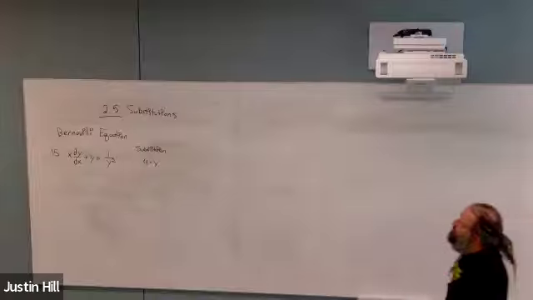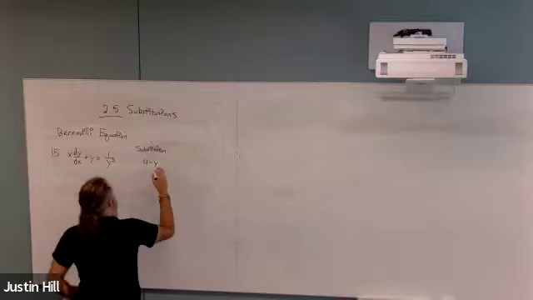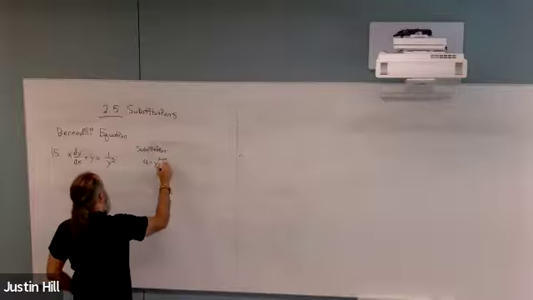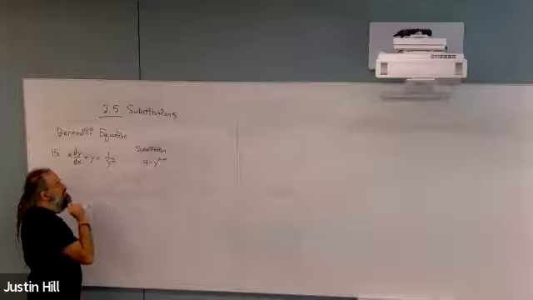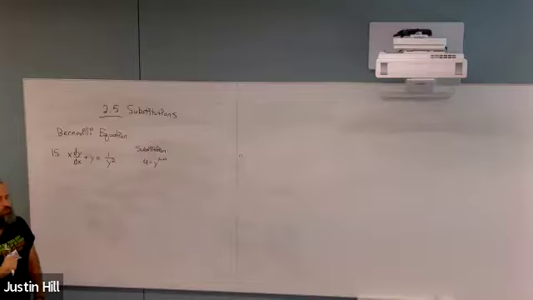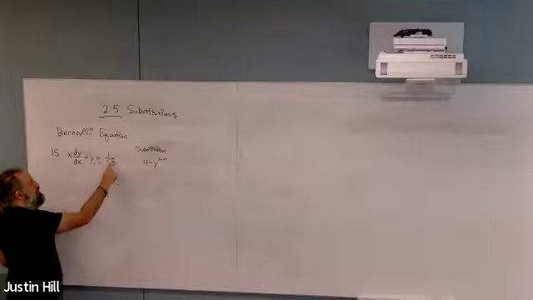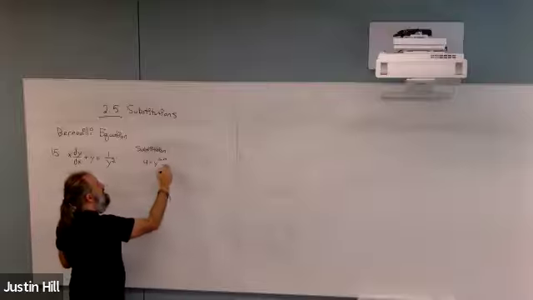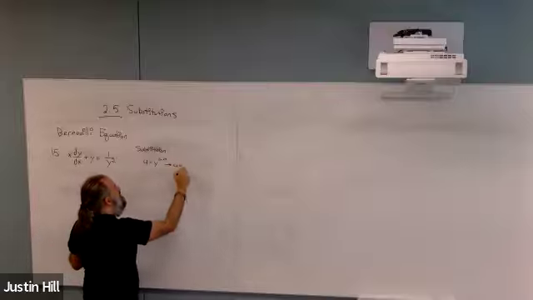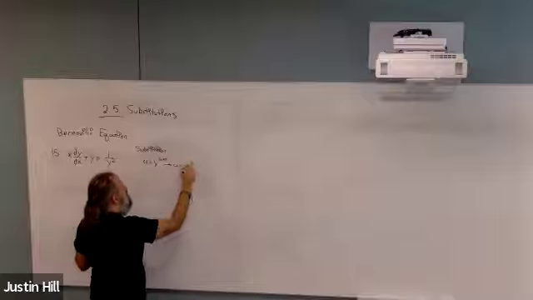Yes, u equals y to the 1 minus n power, with n being whatever power you have for y here. So in this case, 1 over y squared means this is y to the -2 power. So I'm going to plug in -2 for n. And that gives me, in this case, u equals y to the 3rd power.